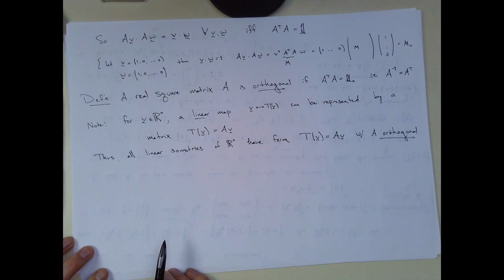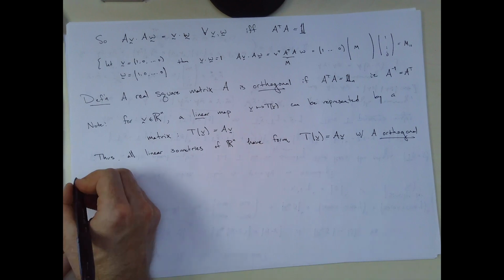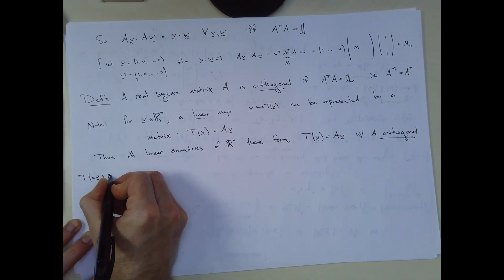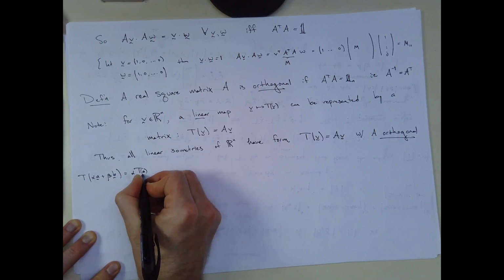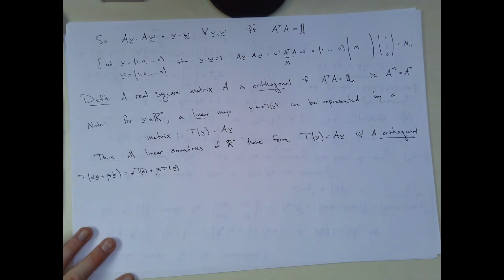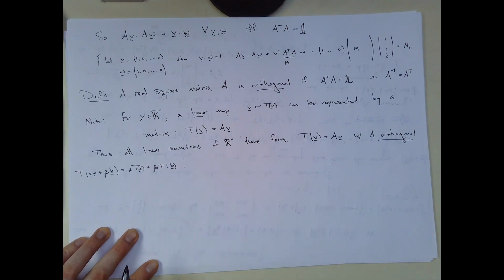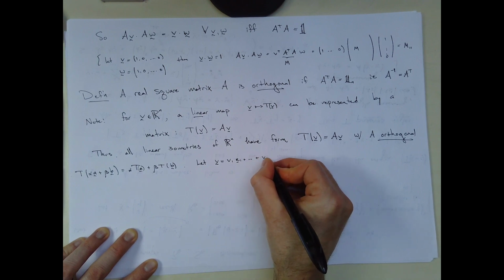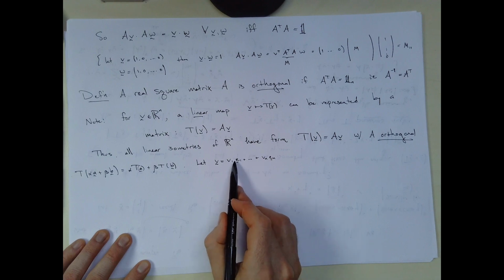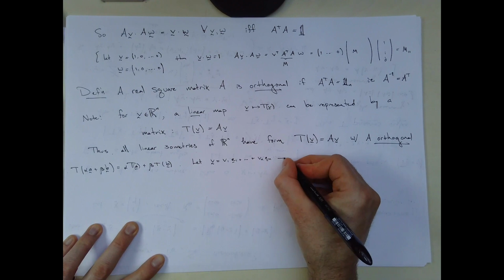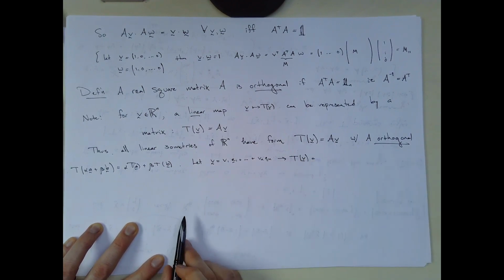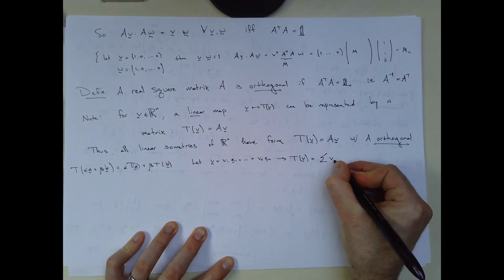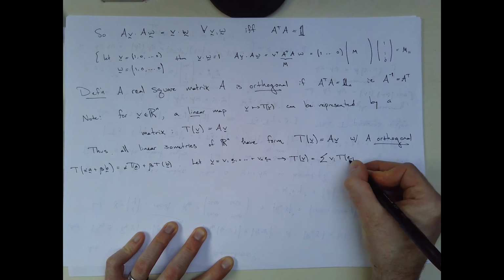To convince ourselves that that is true, if T is linear, then that means that T of alpha A plus beta B can be written as alpha T of A plus beta T of B. And thus, take any vector V, and let's suppose V can be written with components V1 up to Vn in the standard basis E1 to En, then T of V, by the linearity of the map T, can be written as the sum of the V sub i's times T applied to the E sub i's from 1 to n.